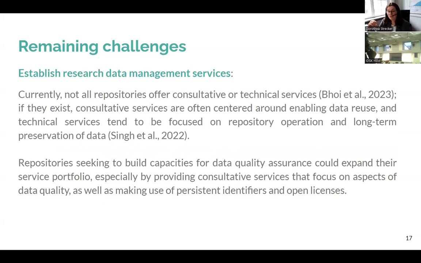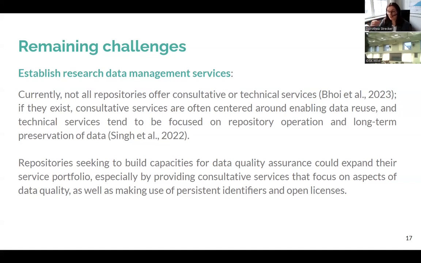And the technical services tend to be focused on operating a repository and on long-term preservation. And what I'm missing from this is the centering of data quality assurance in these repository services.